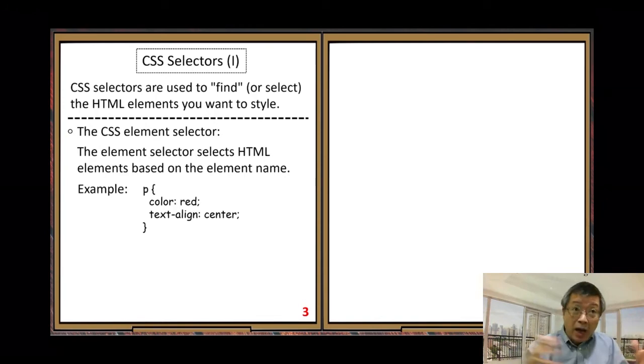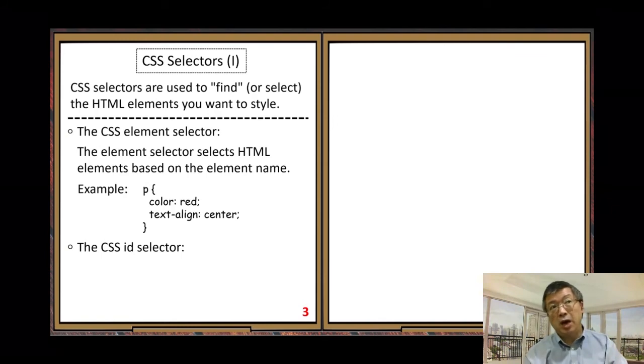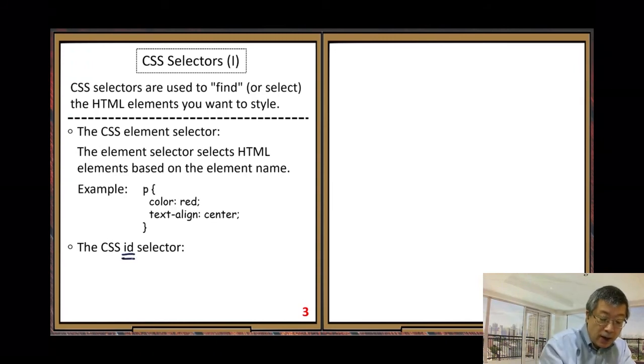Then I need to narrow down, using some other parts in the selector. It's possible, we will see later. The second type of selector, the CSS ID selector. ID selector.